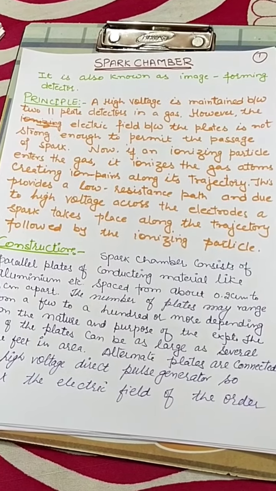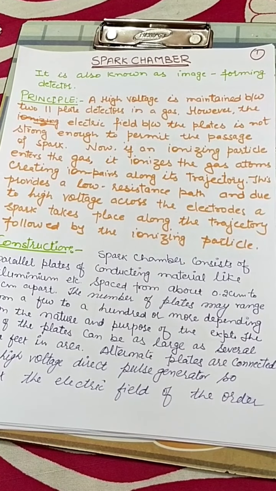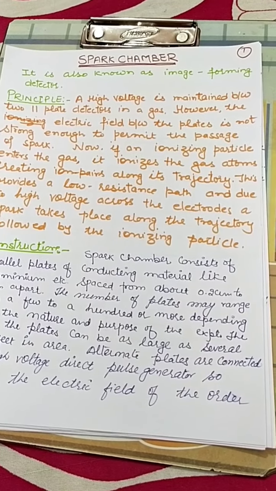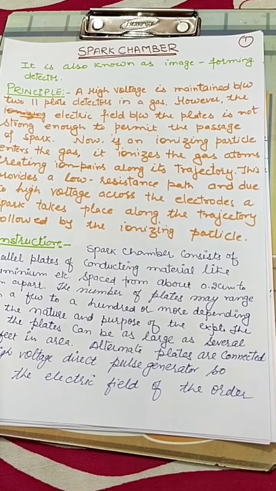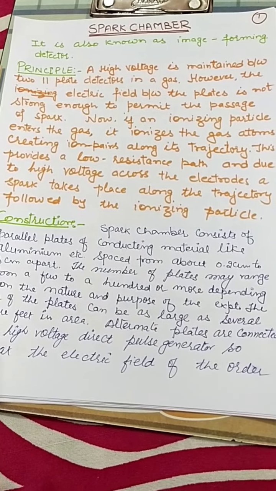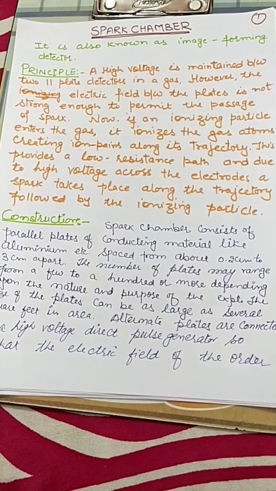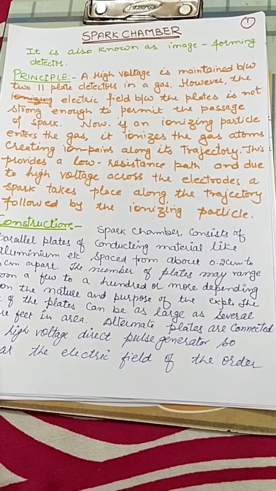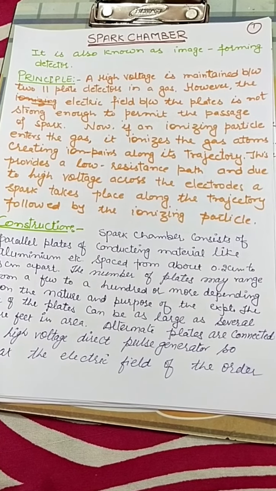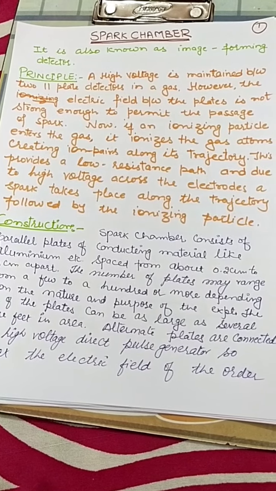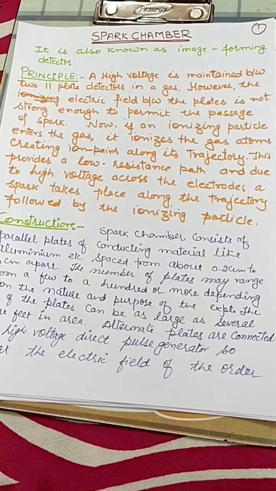The spark chamber is also known as an image forming detector. First, the principle: a high voltage is maintained between two parallel electrodes in a gas. However, the electric field between the plates is not strong enough to permit the passage of a spark.